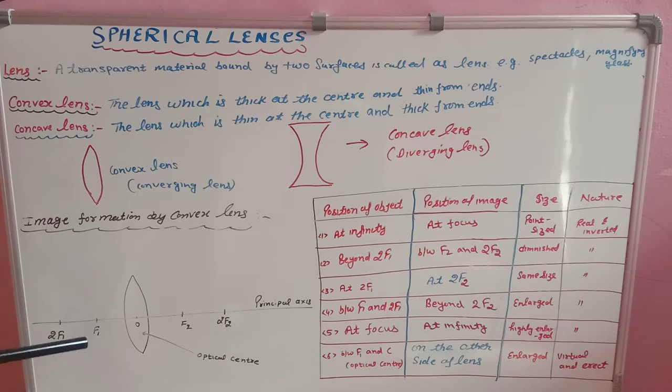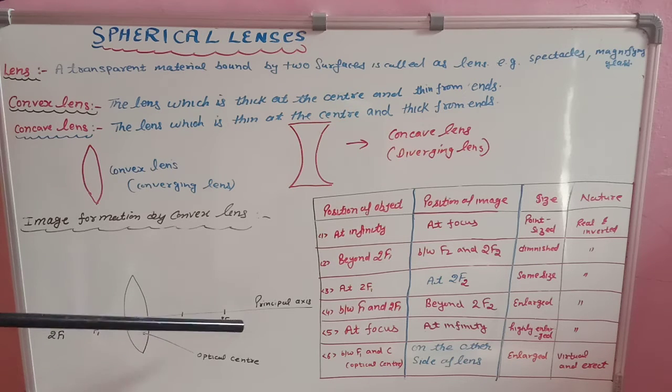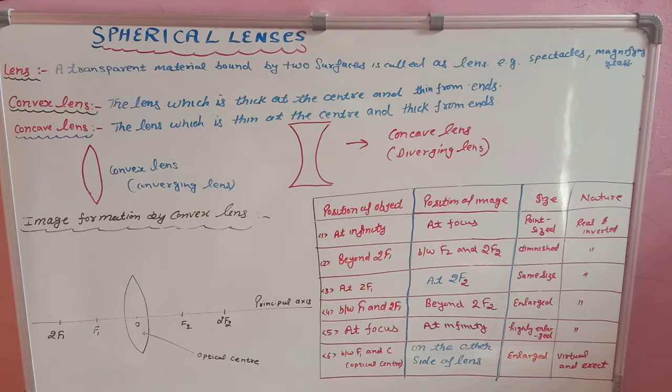On the right side of this lens, you will draw 2 points, F1 and 2F1, twice of F1, meaning equal distances from each other. Similarly, on the other side, F2 and 2F2, twice of F2. These are all points you have to draw in each and every ray diagram. So this is called a basic ray diagram, which will remain the same.